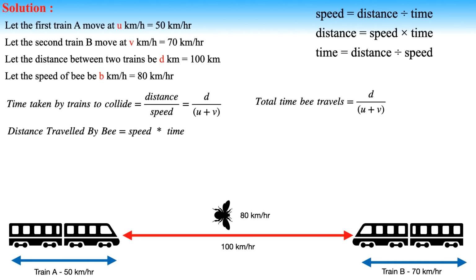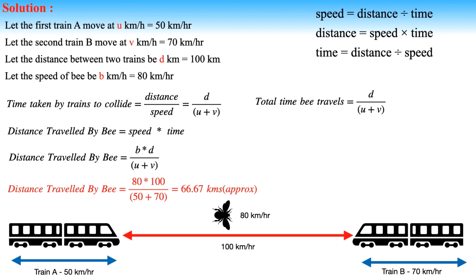Therefore, the total distance traveled by the bee, that is distance, equals speed multiplied by time. We know that the speed of the bee is 80 kilometers per hour and the total time the bee travels is d divided by (u plus v). After substituting, the equation becomes distance equals b multiplied by d divided by (u plus v).